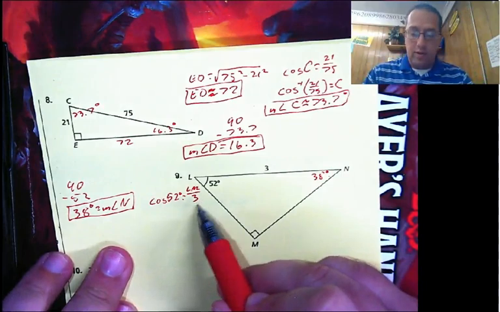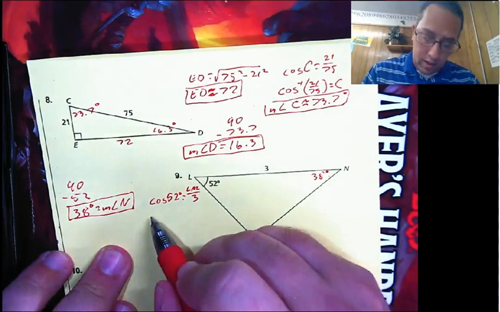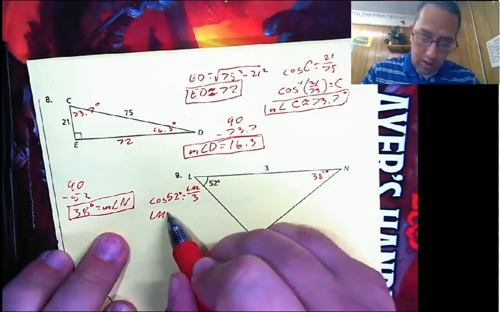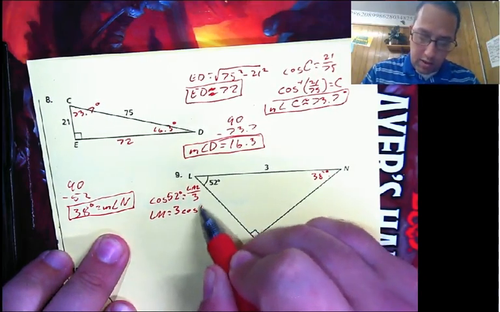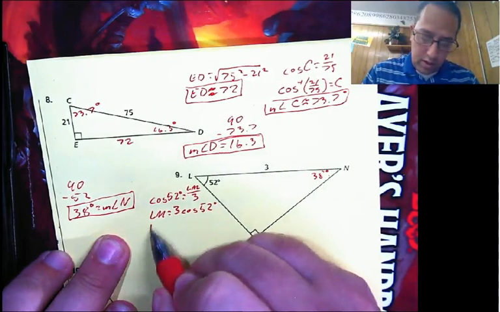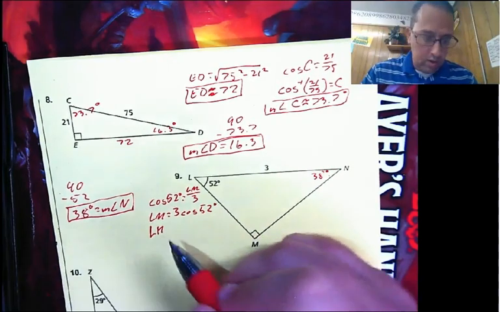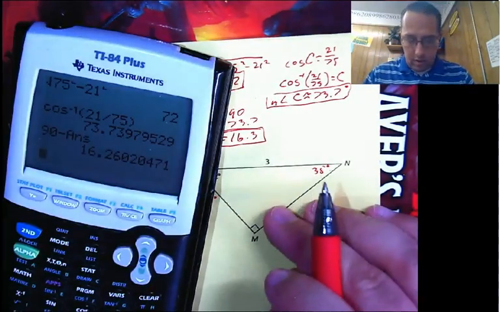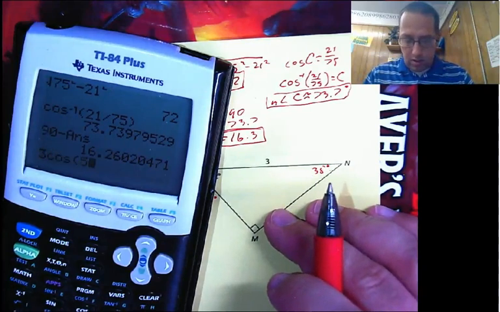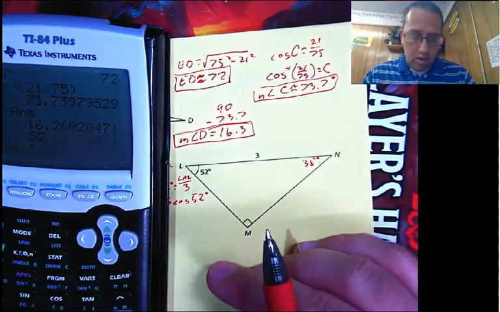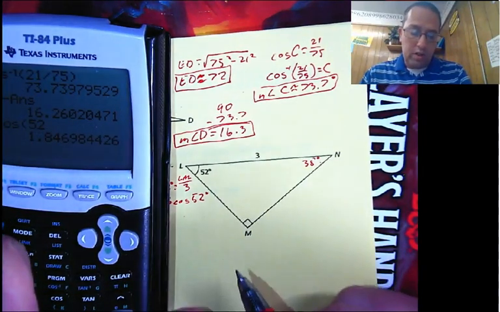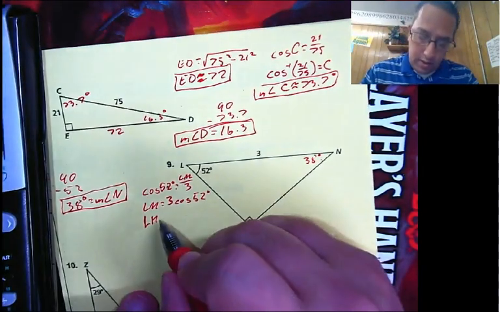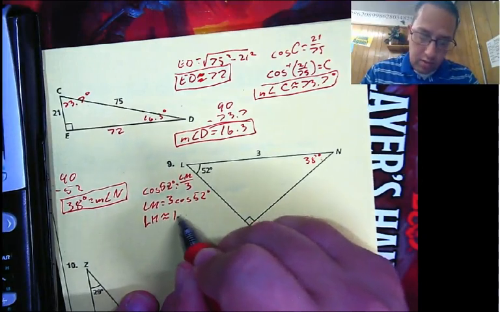Since the known information is on the bottom, we're going to multiply. And so LM is equal to 3 times the cosine of 52 degrees. Let's find out: 3 cosine 52 is 1.84, which to the nearest tenth would be 1.8. LM is approximately 1.8.